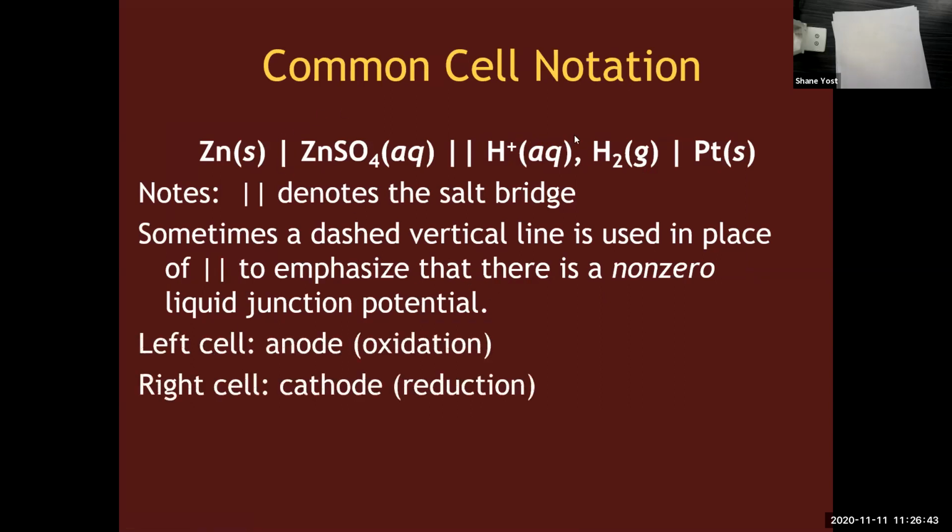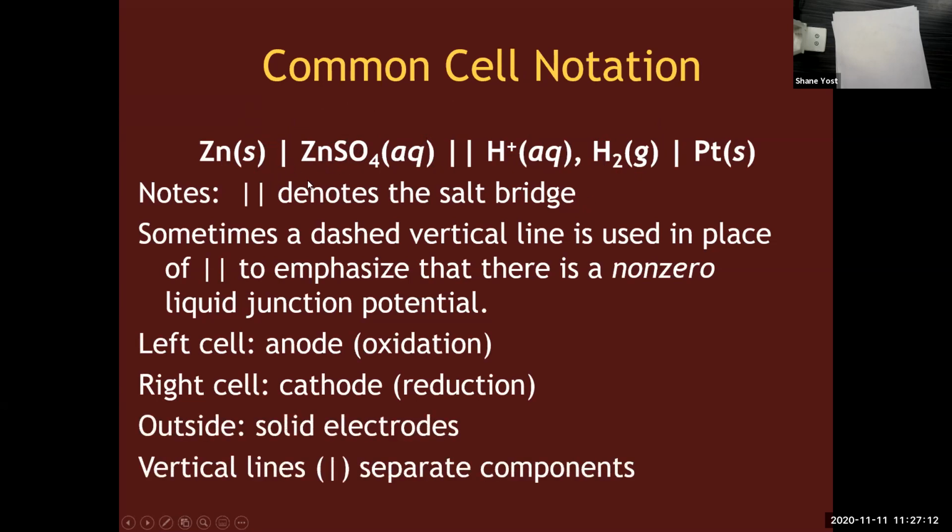On the left side of this double line is the anode, where your oxidation reaction is occurring. The left side will always be the anode, oxidation, whether you have a spontaneous galvanic cell or an electrolytic cell, a non-spontaneous redox reaction. You always have the anode on the left, cathode on the right.